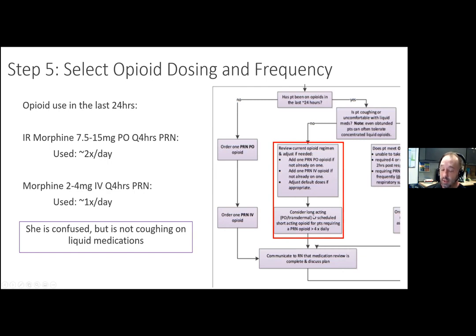And then a time to consider a long-acting medicine, whether that's an oral long-acting medicine or transdermal, or even a scheduled short-acting opioid. If they're taking PRN medications consistently and more than 4 times a day, that's a time to start thinking about a long-acting or scheduled medication.